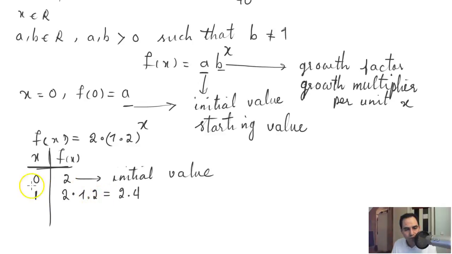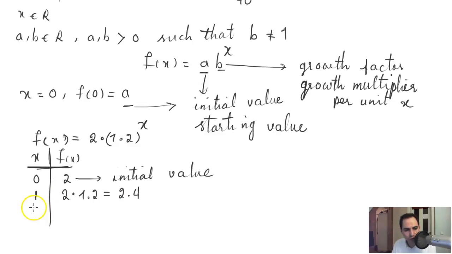So per 1 unit of change that I made to my x, the growth multiplier per unit x caused the output of the function to be multiplied by this multiplier 1 time.